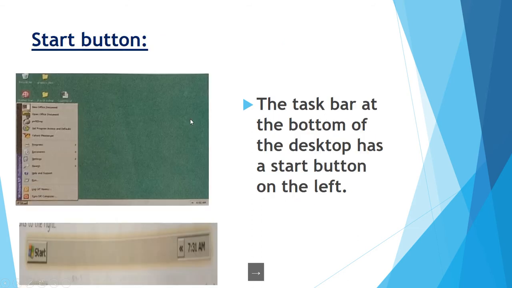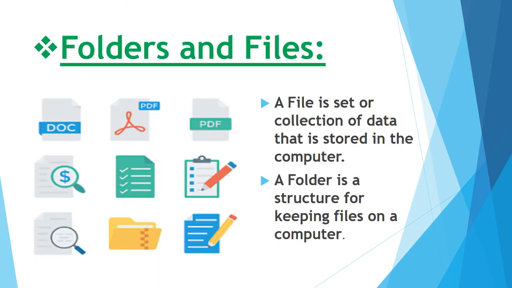Okay. Next is folders and files. We double click on a folder icon to see what is inside. MS Windows opens up a box like window. The window displays what is inside the folder. This is the folder. And these are the files.